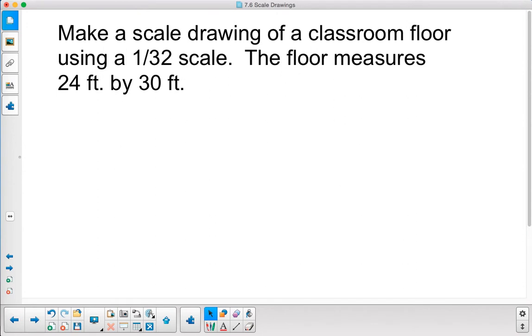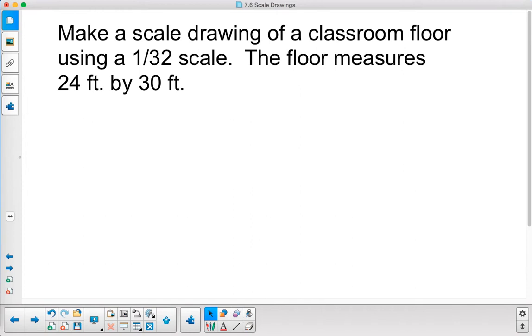Okay, the next sample, I changed the scale. It says make a scale drawing of the classroom floor, so just a rectangle that's going to represent the floor. 1/32 is the scale. Now a floor is going to have a length and a width. On that last one, I just gave you the height of the lamp, not two different numbers.